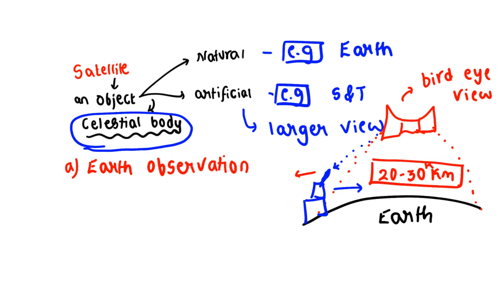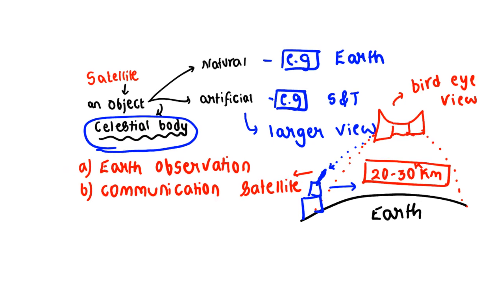And there are other satellites like communication satellites. A communication satellite receives information from one antenna and transfers the same information to another antenna or tower.